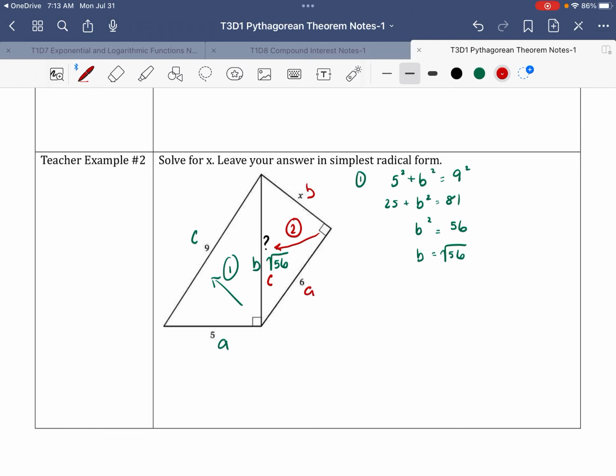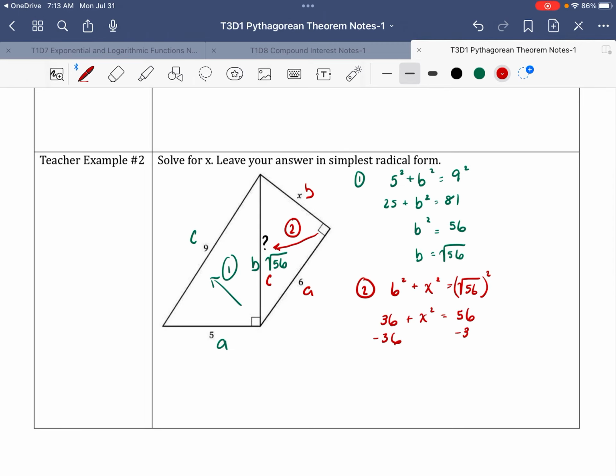And then 6 can be A, X can be B, and then we'll have 6 squared plus X squared equals the square root of 56 all squared. Gives us 36 plus X squared equals 56, and then subtract 36. X squared equals 20, square root both sides, X equals the square root of 20.